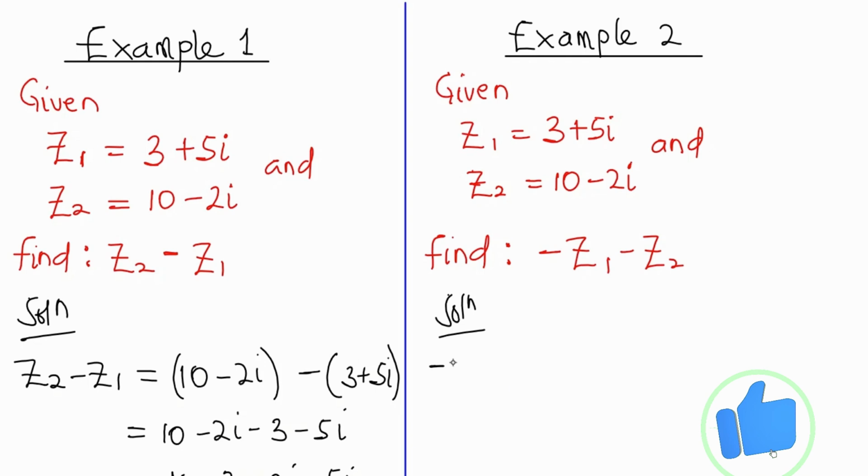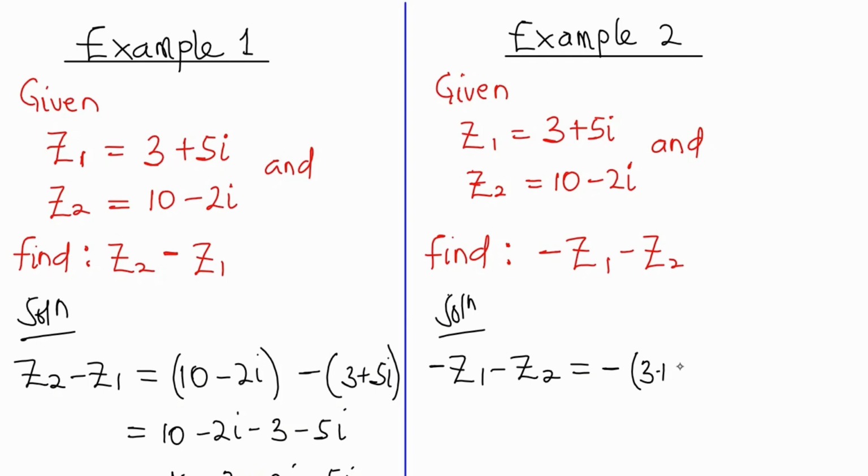We are looking for minus z1 minus z2. So we assign minus to z1, and that is minus (3 plus 5i). And then there is minus z2, that becomes minus (10 minus 2i).